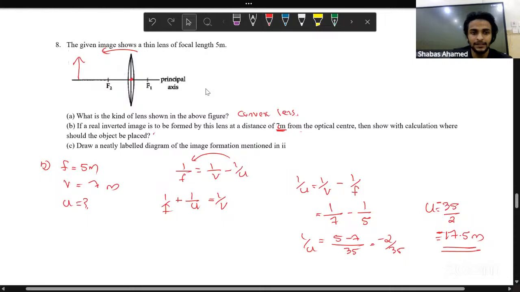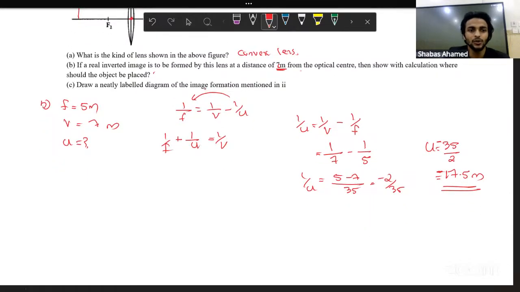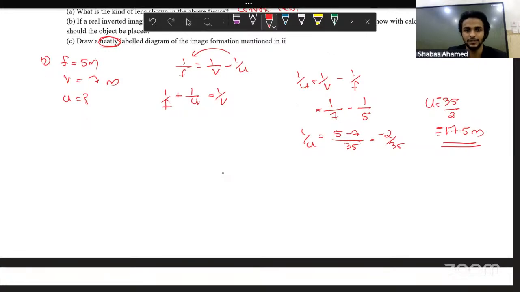Then here we have another one: draw neatly a labeled diagram. I don't think it will be neat, anyway, let's try a diagram as mentioned in the second part.